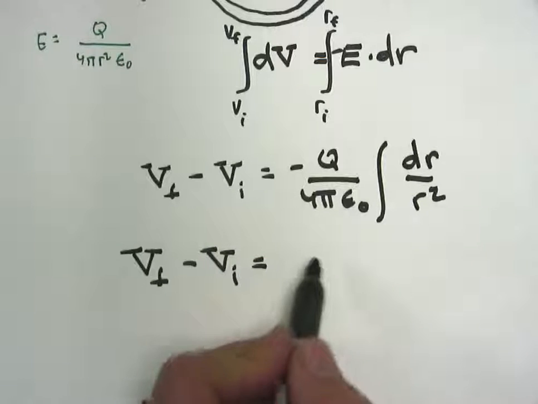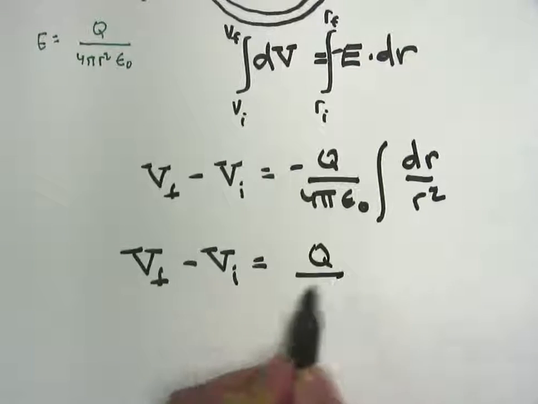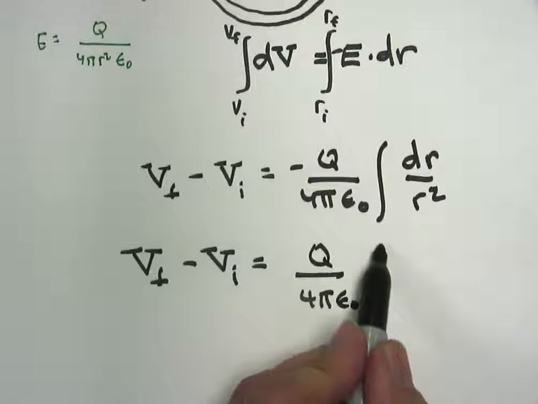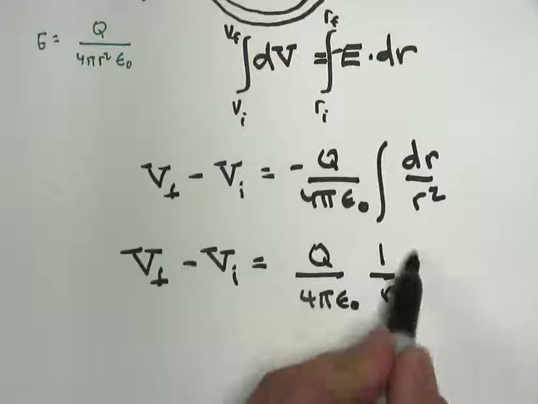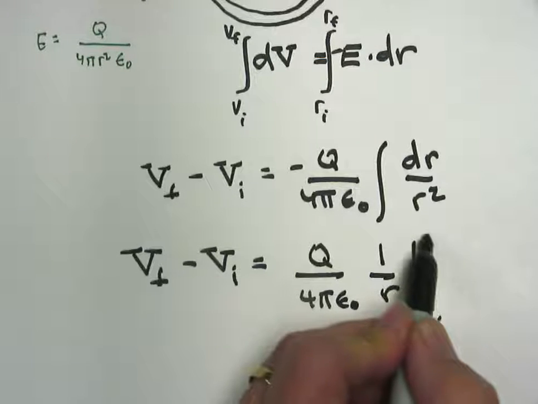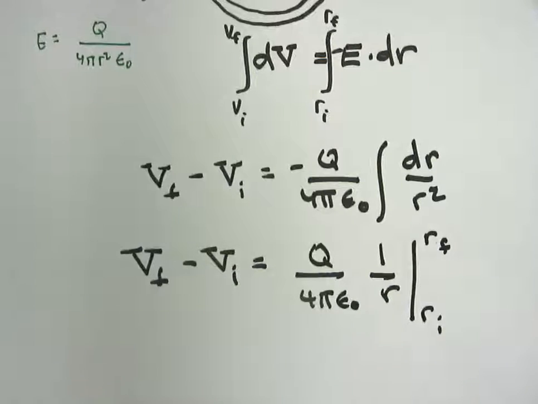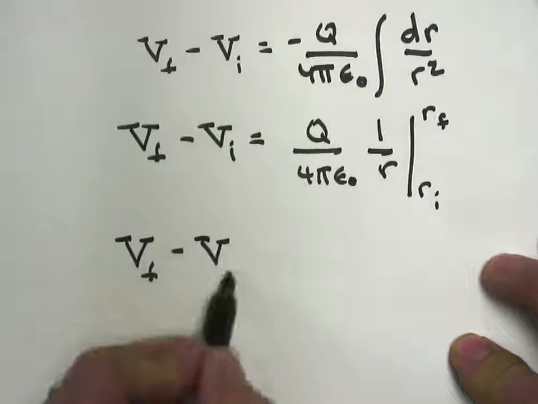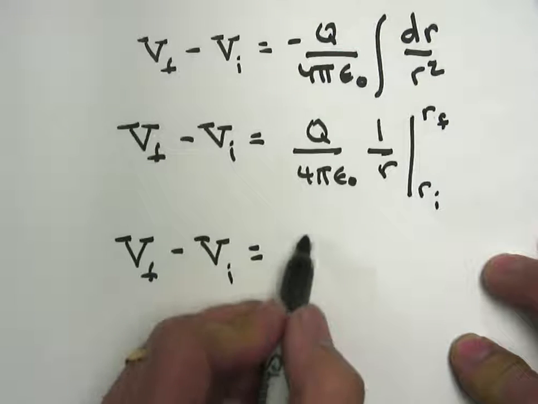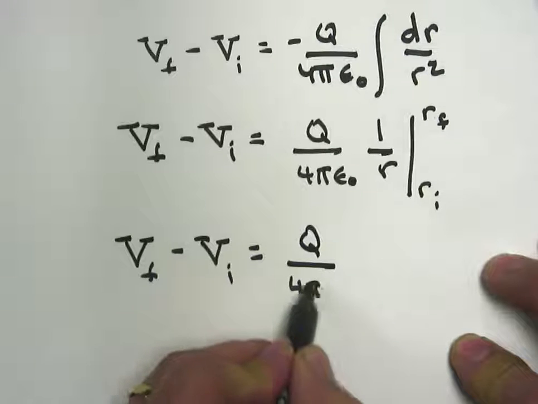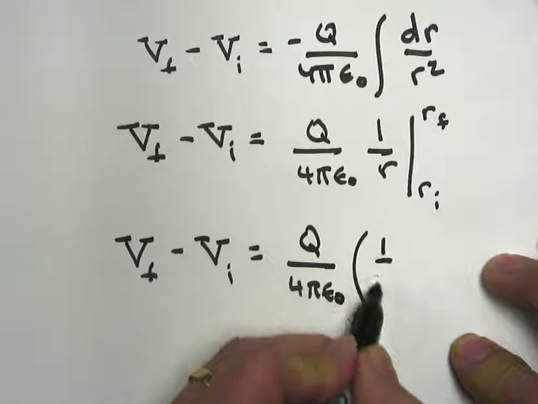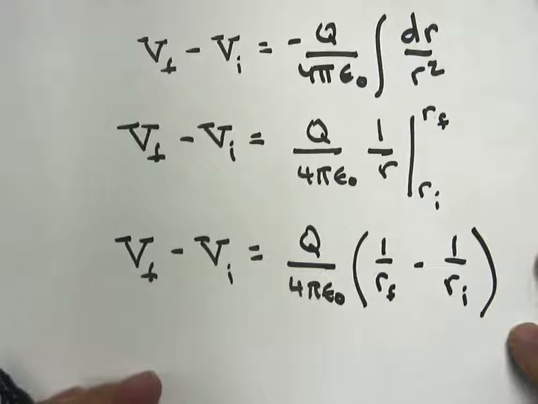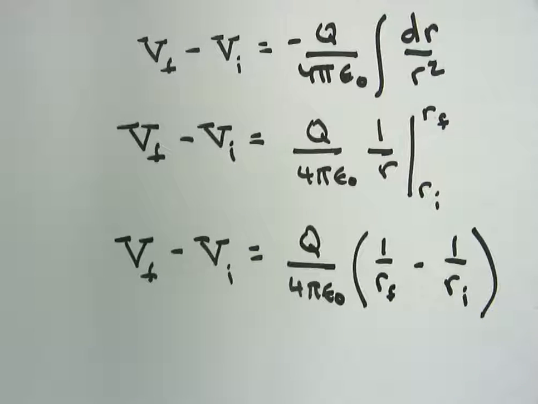This, of course, becomes Q over 4 pi epsilon naught over R. And this is our initial, our final, and now, this is where we end up.